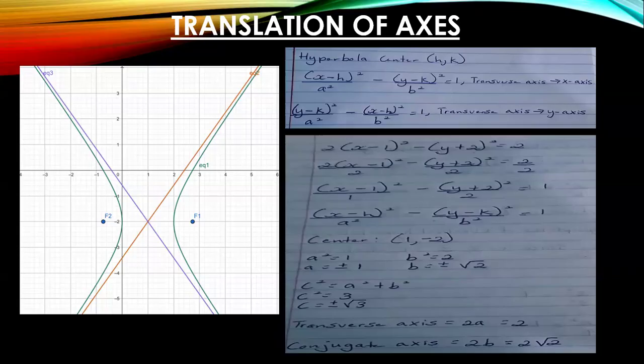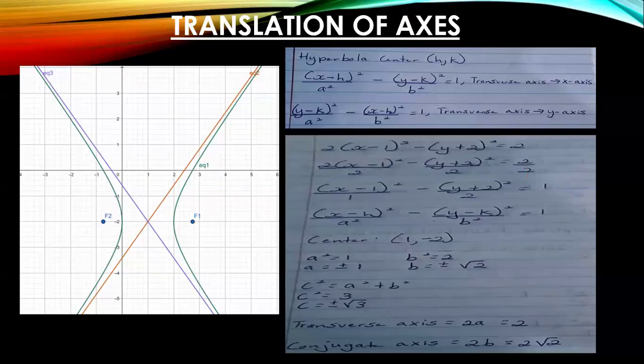So first, the equation that is given here is not in the standard form, so we will need to write it in its standard form. What we can do is divide everything by 2, right? If we divide 2 by 2, that will cancel out to give you 1 there, and this will also give you 1, right?